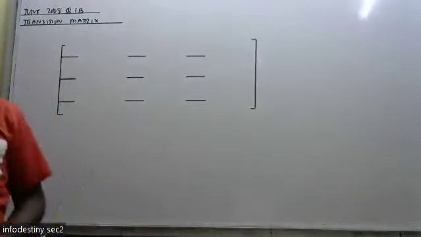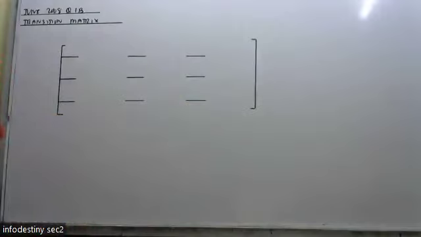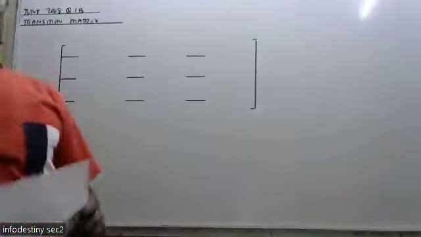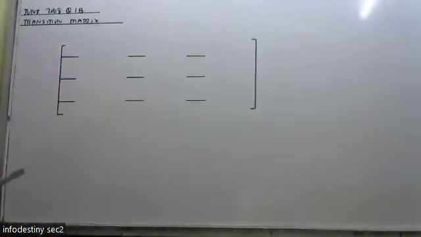So if you have read the question, they want us to do the transition matrix. From this side we have Jana, here we have Leo, and here we have Kesho.